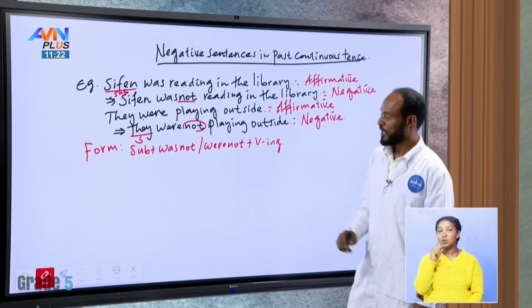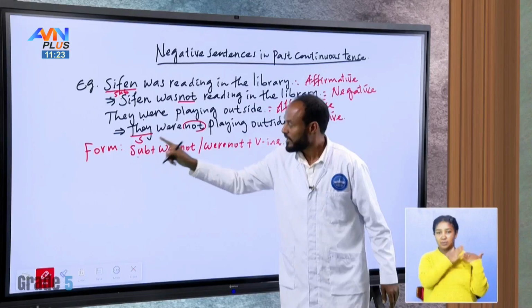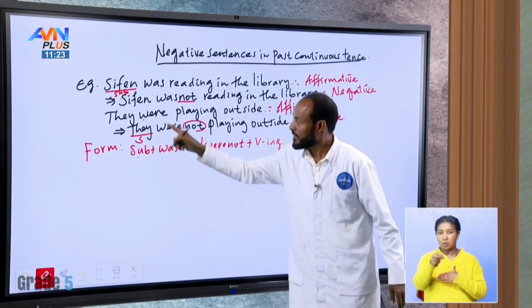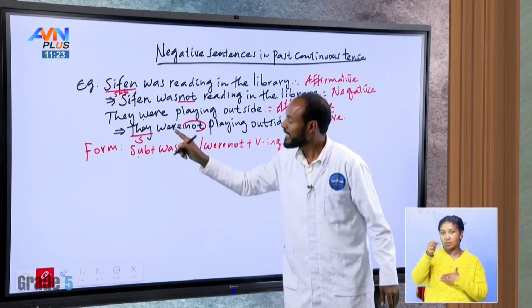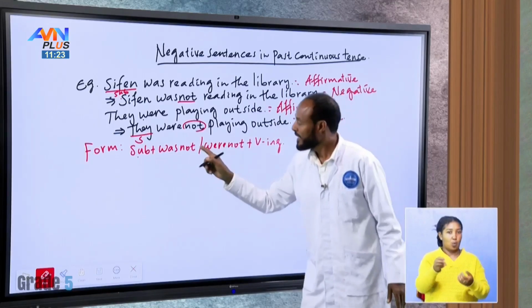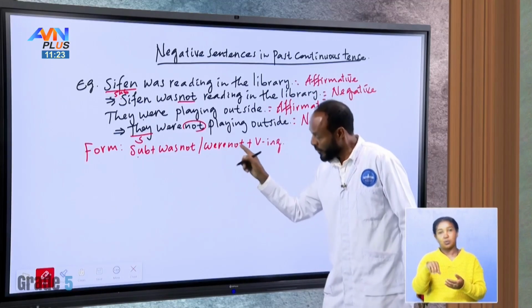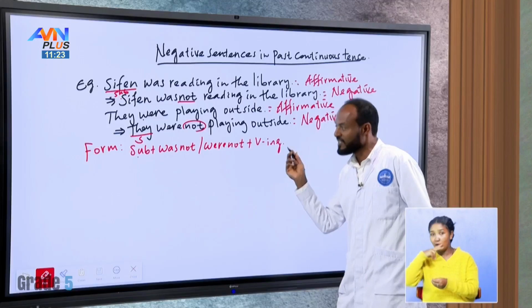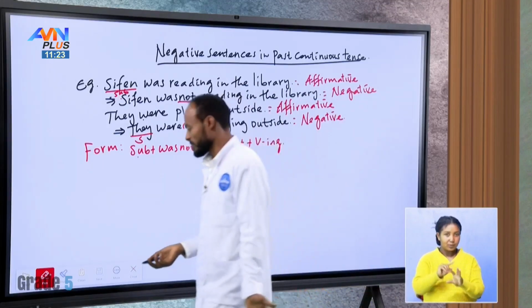Look, here is the subject. Here is were, because the subject is not singular. Was not, were not plus verb-ing. That's the form.